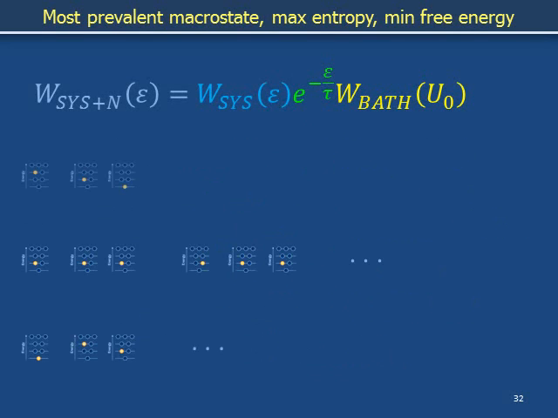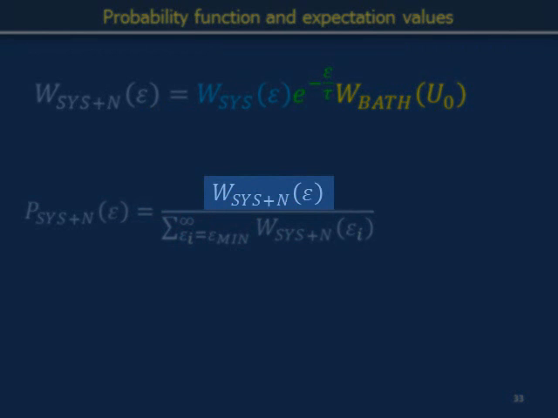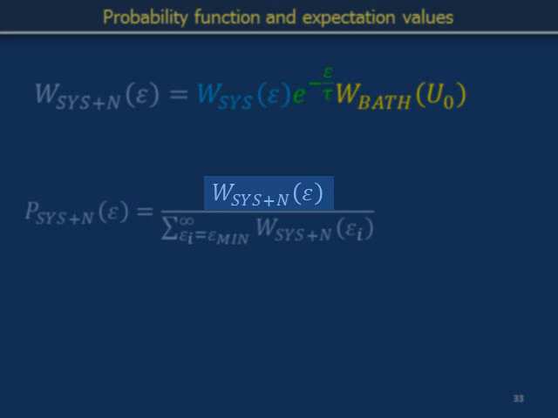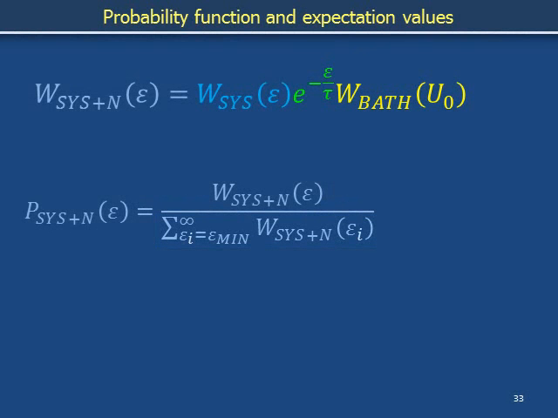What fraction of time does the world spend in configurations with a given system energy squiggly e? Because accessible configurations are explored for equal times, the probability of finding the world in a configuration with a particular system energy squiggly e is the ratio of the number of ways the world can be configured with that system energy versus the total number of ways the world can be configured with any system energy compatible with conservation of overall energy of the world.